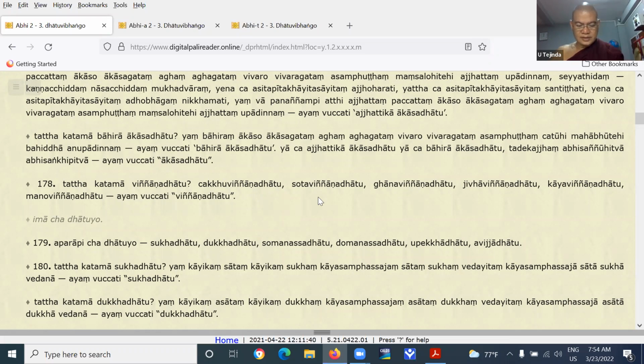So what will you say about Chakku vinyana dhatu? The base that Chakku vinyana dhatu depends on should also be taken. The object, through which the Chakku vinyana dhatu arises, the object also should be taken here.